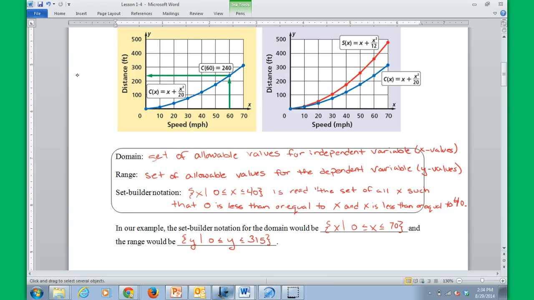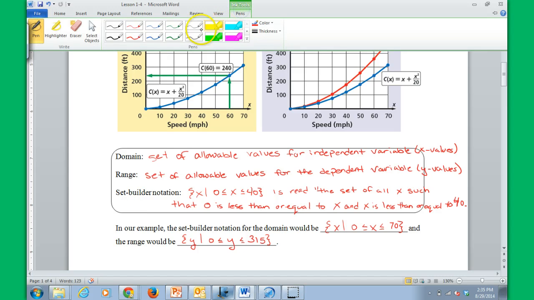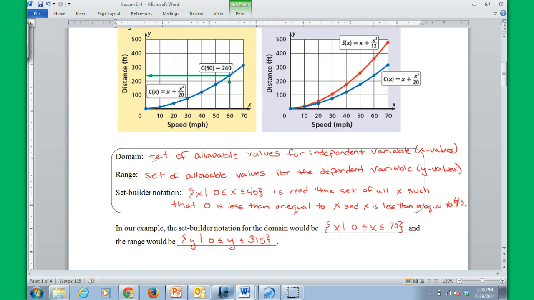In that same vein, I want you to look at the blue graph and tell me what is the domain for the SUV. What's the domain for this SUV?